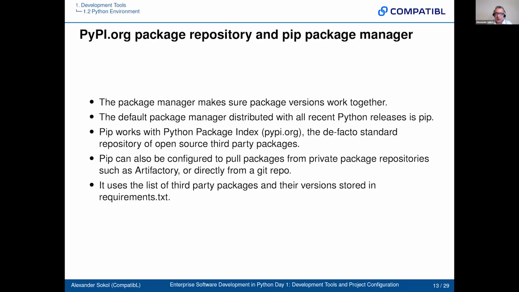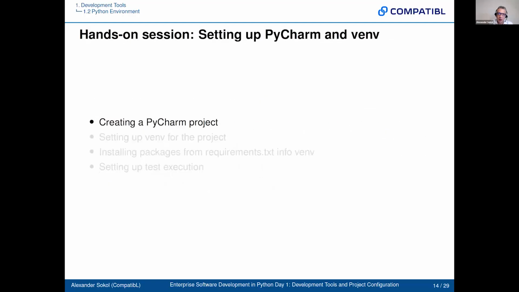You can configure multiple repositories and it looks in order, for example first internal, and then open source. So pip is a tool that gets packages from a package repository or multiple repositories, and you can specify which packages your project needs using requirements.txt, which is a good way to do it, and is also required for many continuous integration servers, which are basically servers that continuously build your code and make sure it works.